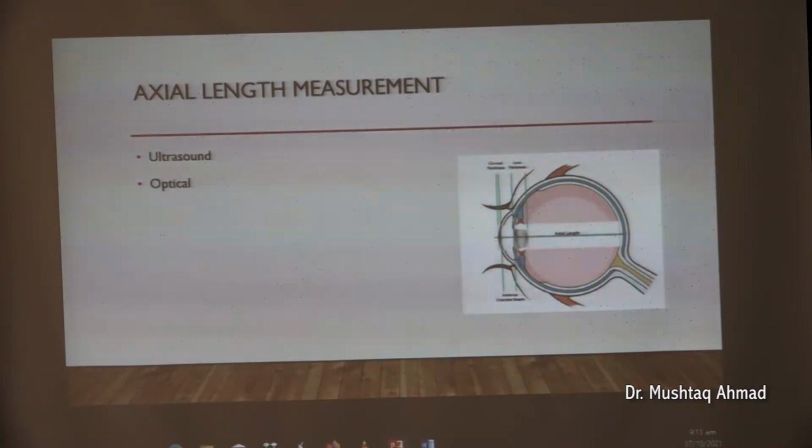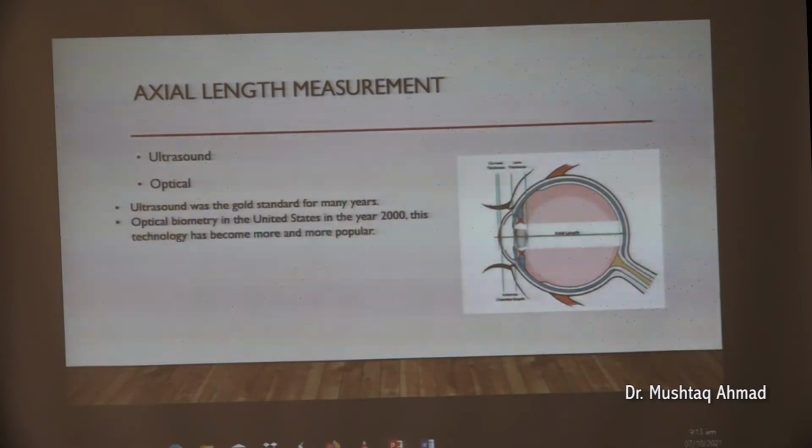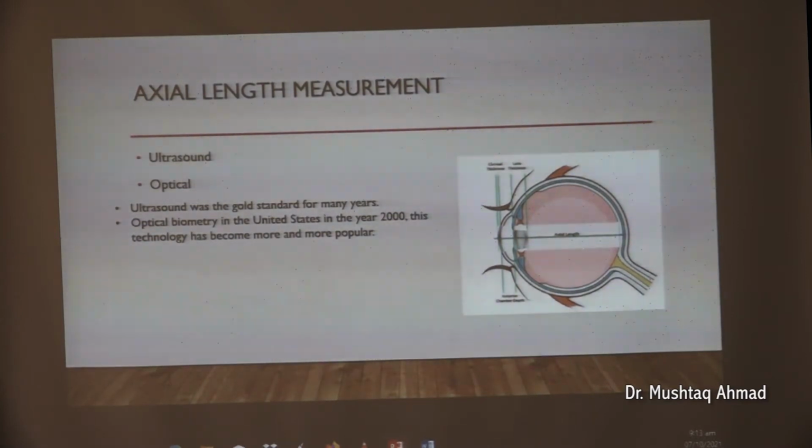Axial length measurement. We use ultrasound, and recently we have shifted to optical. Ultrasound was the gold standard for many years. Optical biometry was introduced in the United States in the year 2000, and this technology has become more and more popular.